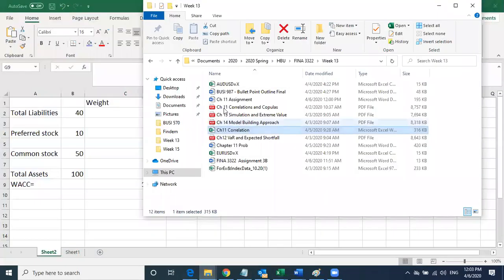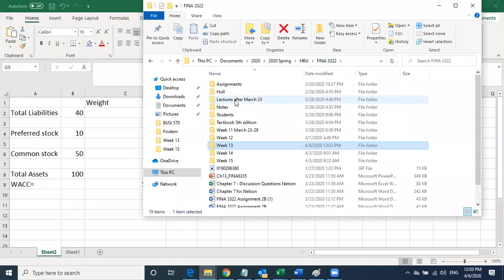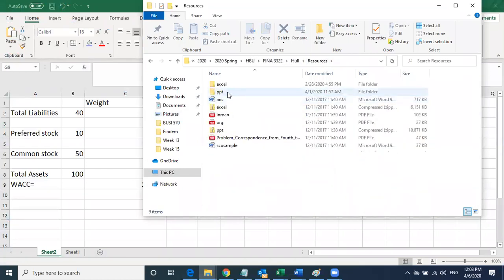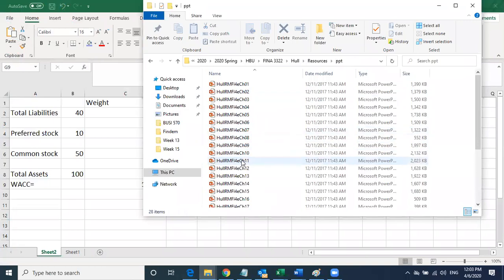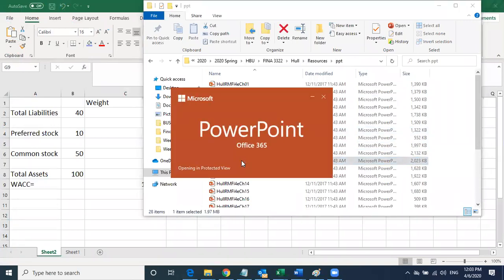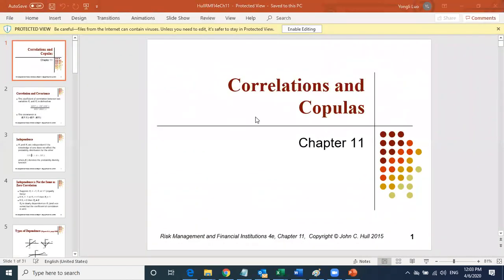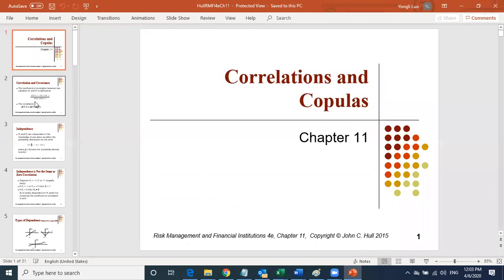Let's go to the PowerPoint slide we have. Okay, correlation and copulas. First we want to introduce the concept of correlation.